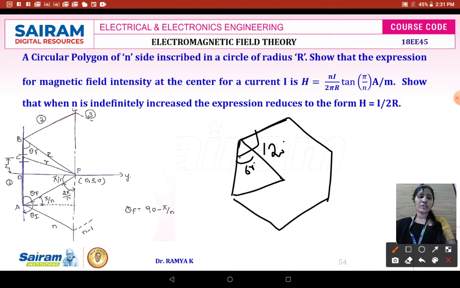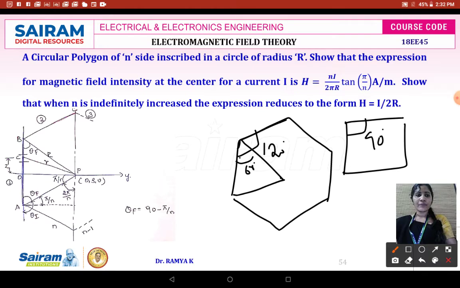So here also, in case of your square, the angle between two sides is going to be 90, and the angle between midpoint to the one side of the conductor is going to be 90 divided by 2, that is 45 degree.